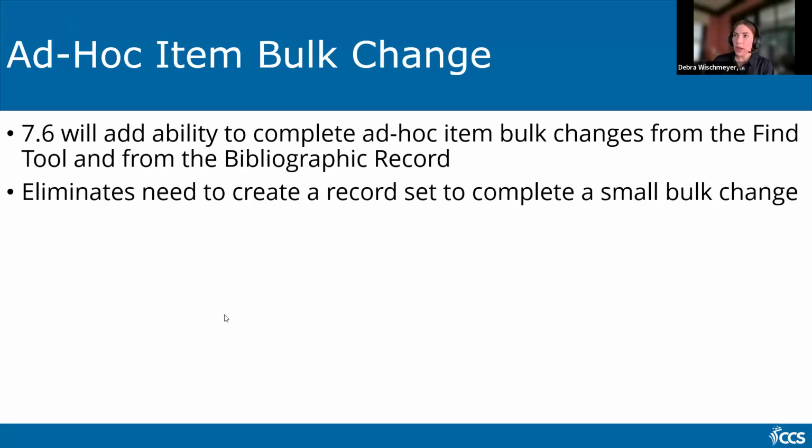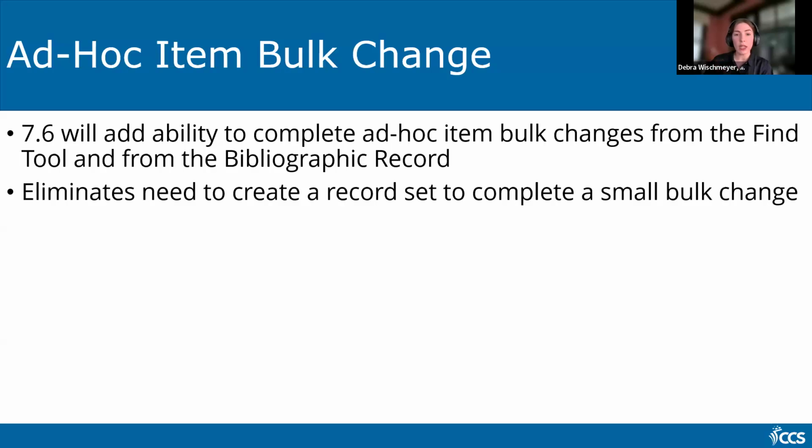So going back to the ad hoc item bulk change, 7.6 is going to add the ability to complete those bulk changes to items, both from the Find tool and from the bibliographic record. Now, previously in LEAP, staff were only able to complete bulk changes if they were working from an item record set.